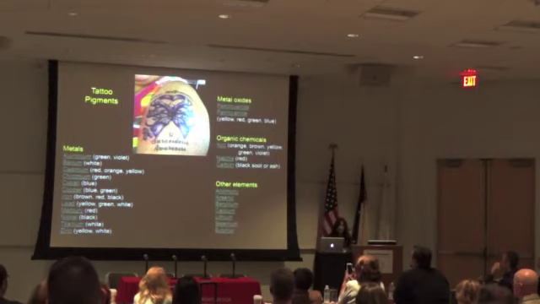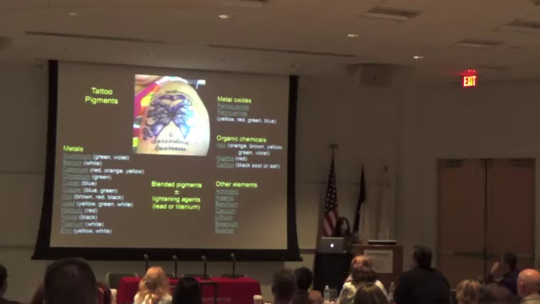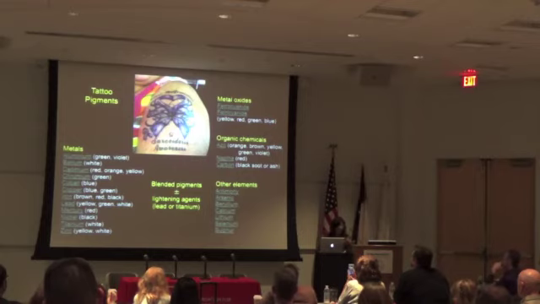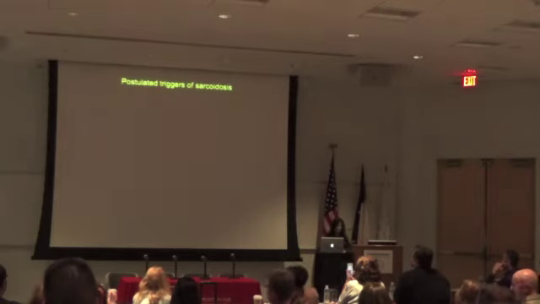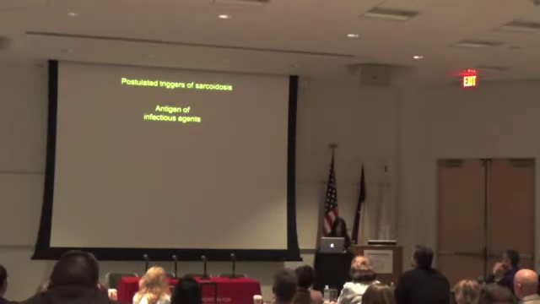And it's not just metals, but metal oxides, which are ferrocyanide, ferric cyanide, organic chemicals such as azo compounds and naphtha compounds, and carbon, which is black soot, and various other elements that include arsenic and so on. Now, to get the exact hue, the beautiful hues, these pigments are typically blended, and lead or titanium are added as lightening agents.